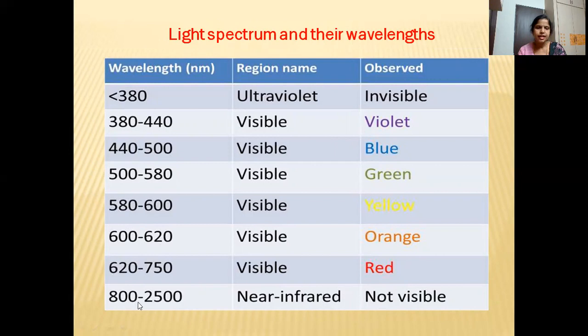Greater than that is near IR, which is not visible to our naked eye, and lesser than 380 is ultraviolet rays, which are also not visible. Only the region from 380 to 750, or you can take it as 400 to 800 nanometers, is the visible region, where we can see all the colors.